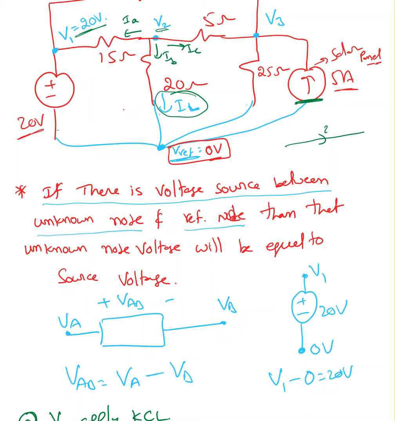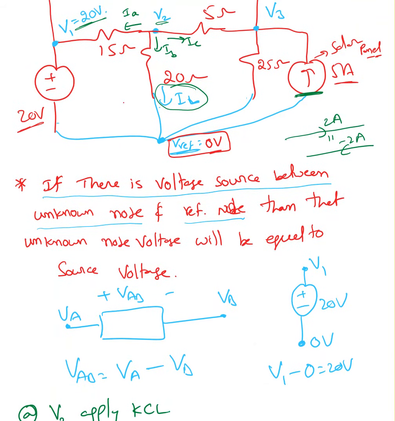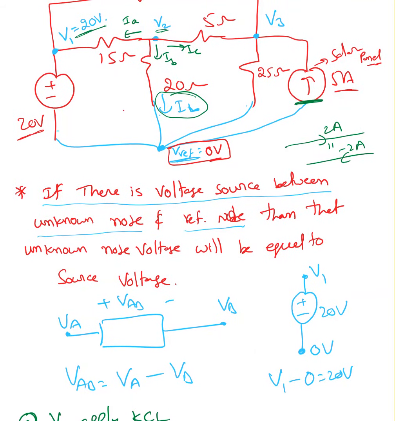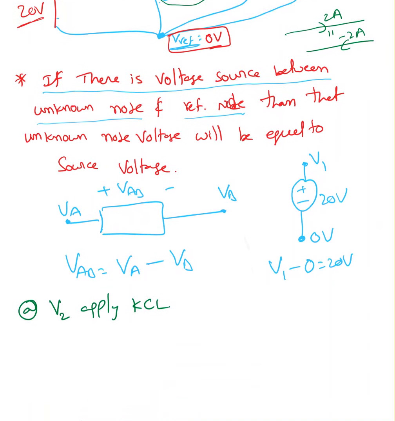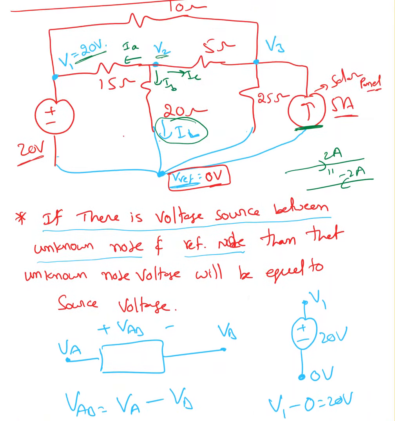For example, if there are 2 amperes flowing in this direction, you can say the same thing as minus 2 amperes flowing in the opposite direction. Current has magnitude and direction. So definitely out of these three currents, one of them must be a negative current. I don't care about negative or positive current there. I'm going to choose every current going out because my equation is going to be simple.